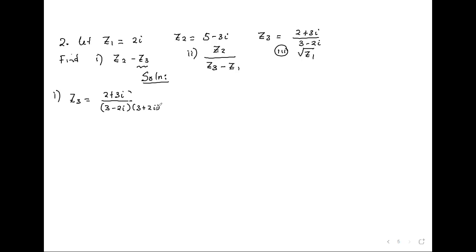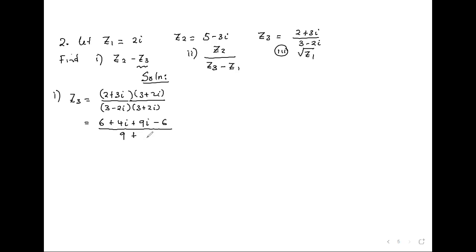3 plus 2i, 3 plus 2i. This will give us 6 plus 4i plus 6i, plus 9i squared, over 9 minus 6i plus 6i, minus 4i squared. When you multiply 3 by 3 we get 9, and then i times i gives -1. Then 3 times 2, we get 6, and 3 times 2 gives 4i.